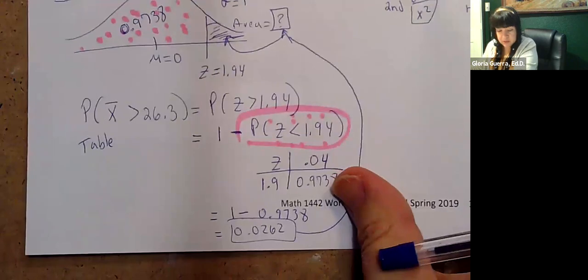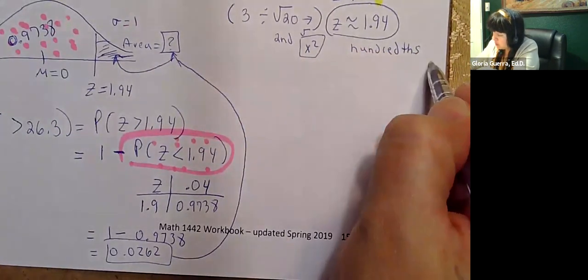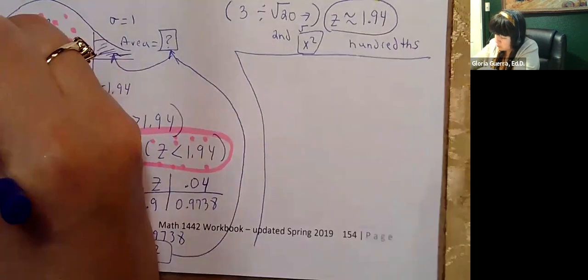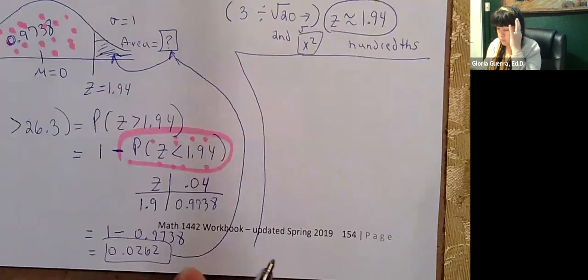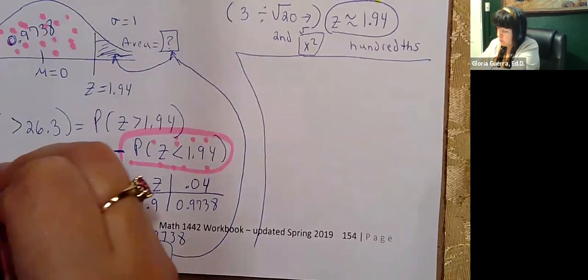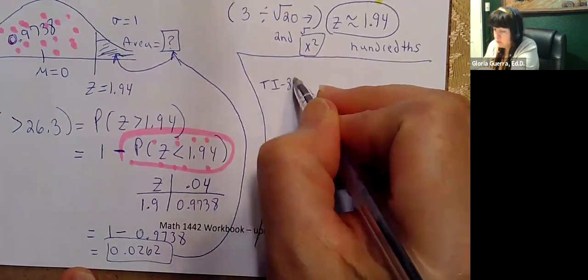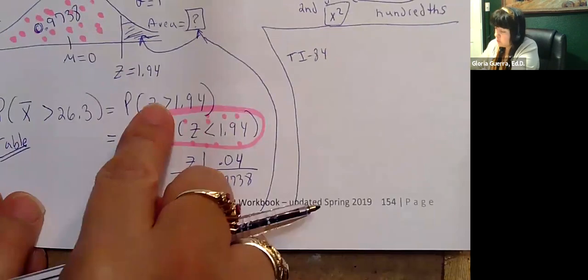Now, if you're asked to demonstrate it using the TI-84, so this is like part 2, which is the picture. Here we use the table. Here we're using the TI-84. So these two start off the same.